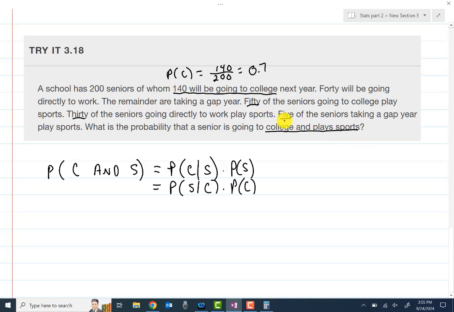And then finally got 5 here. So I have 50 plus 30 plus 5. There's a total of 85 out of 200 playing sports. That's 0.425. So what information do I have here? Well, I'm going to try this first one here and see if I'm successful.